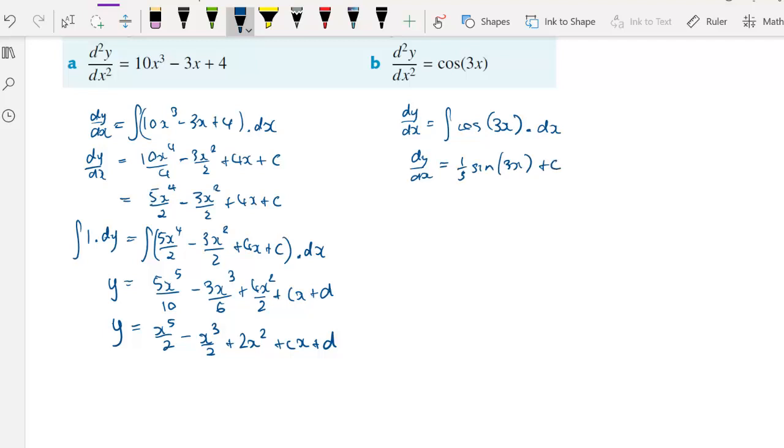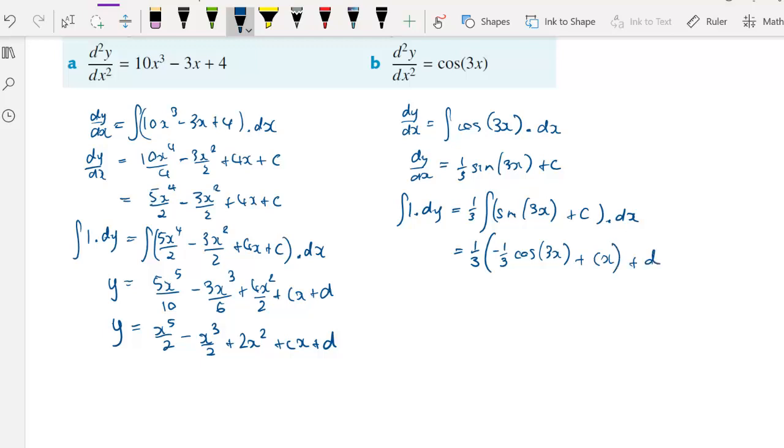And when we separate this differential, we've got 1 dy, and we've got 1/3 integral of sine 3x plus c dx. That means the integral of 1/3 sine 3x will be negative 1/3 cos 3x, and we'll have cx plus d.